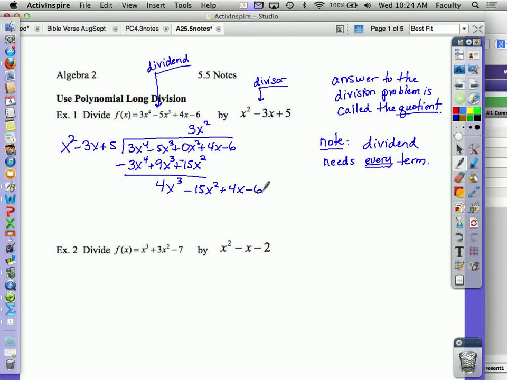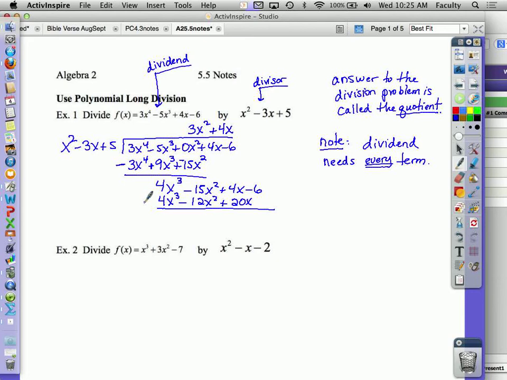And then you repeat. So I asked myself, x squared times what is 4x cubed? 4x. Now it's a positive, so you need to put a plus sign, and then you multiply. You're going to distribute. So it's 4x cubed minus 12x squared plus 20x.